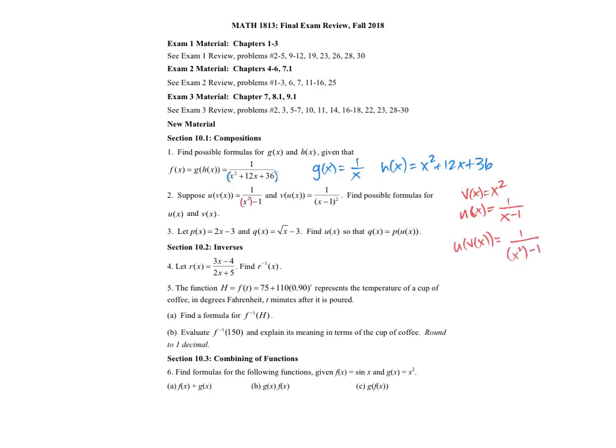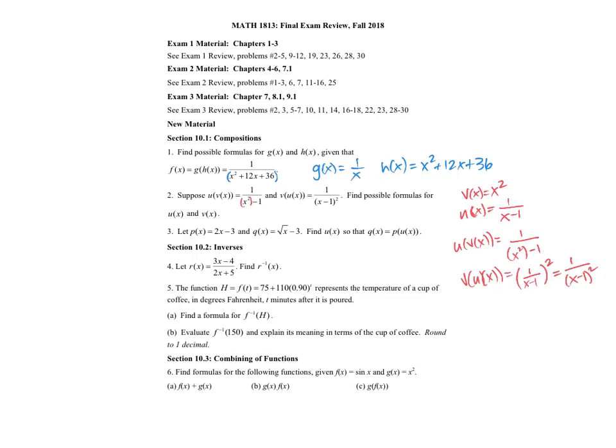But does it work with v of u of x? And v of u of x is, well, v of x is just square the thing, so it's 1 over x minus 1 squared. Oh, yeah, because 1 squared is 1, so 1 over x minus 1 squared.